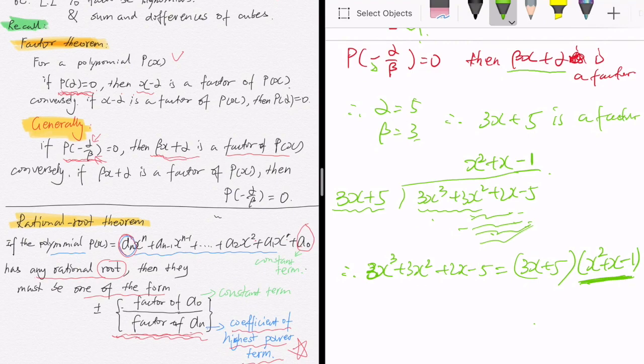If you are not sure how to complete the square, please make sure you ask me. If you have a look at your textbook, eventually you will get 3x plus 5, and the quadratic can be refactorized by completing the square, giving x plus half plus square root 5 over 2 times x plus half minus square root 5 over 2.